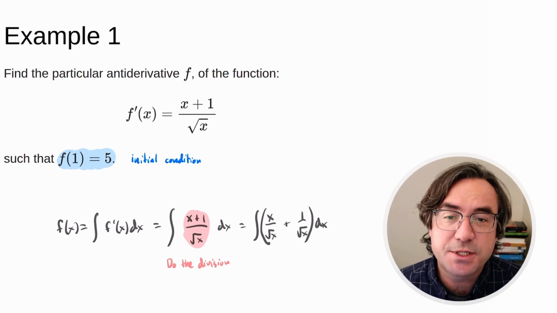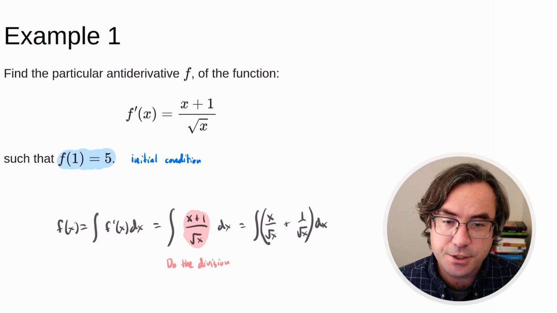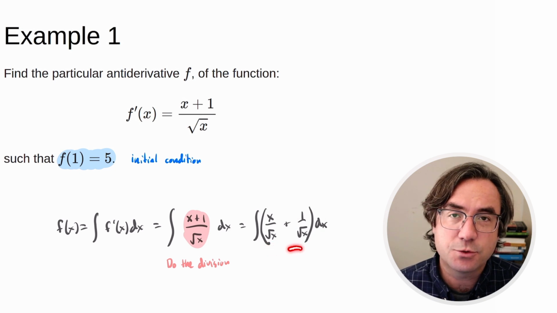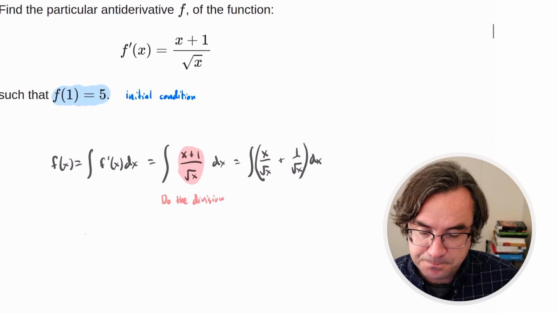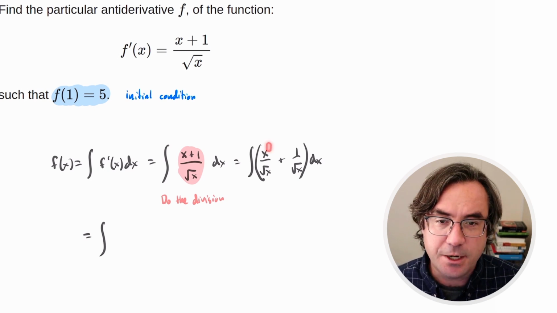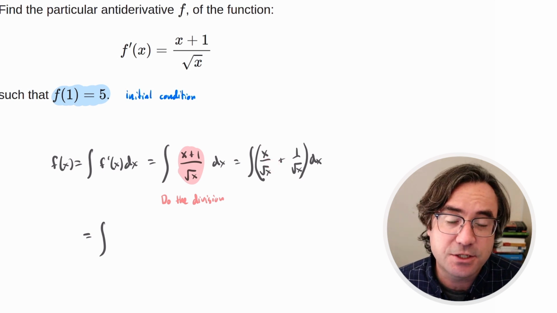And then we keep simplifying. Each of these fractions, we can subtract the exponents. So what do we get for that first fraction? Well, there's a hidden exponent of 1 here. The square root, our usual strategy, we could rewrite as x to the 1/2.